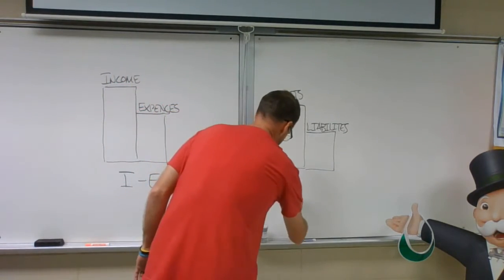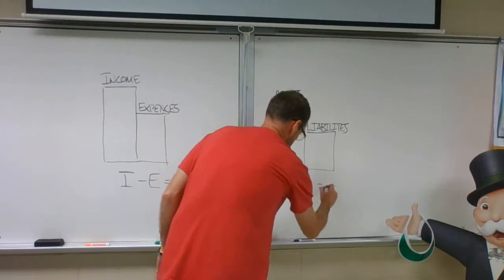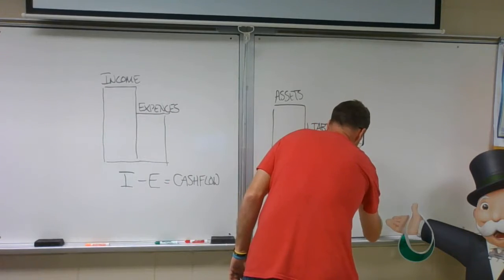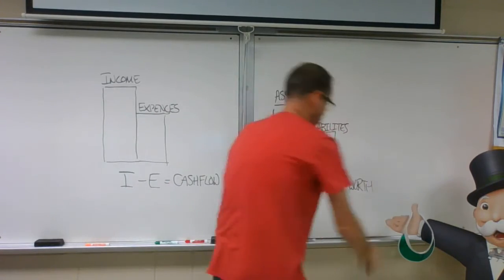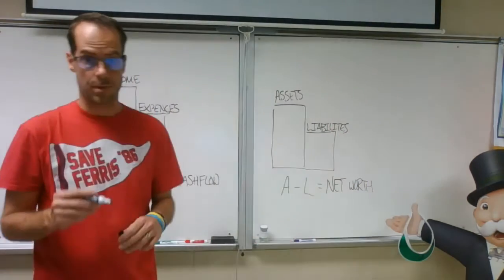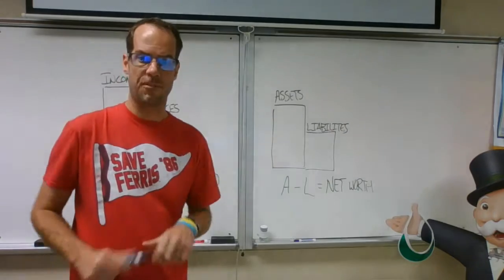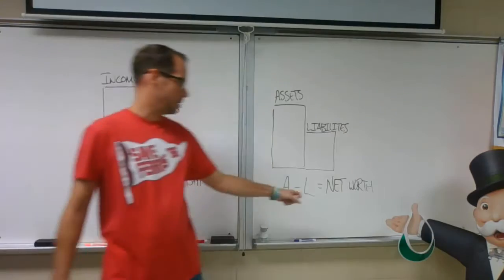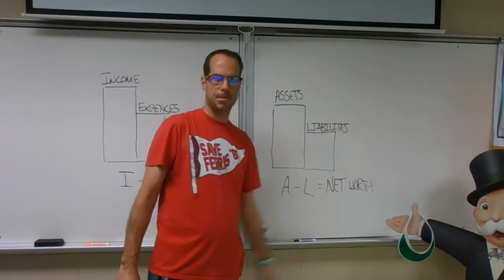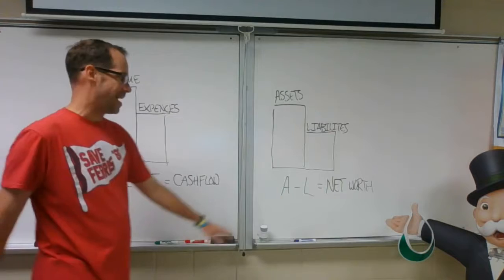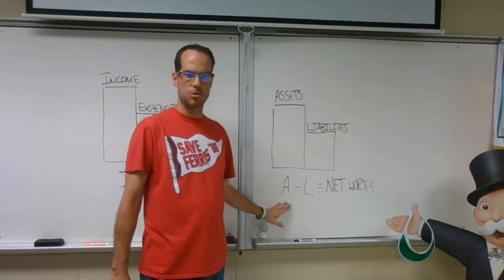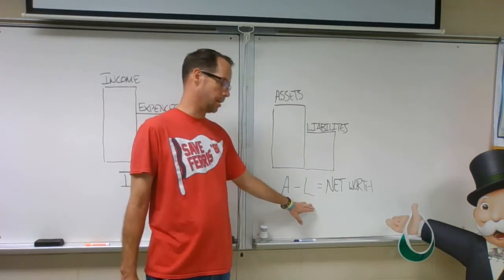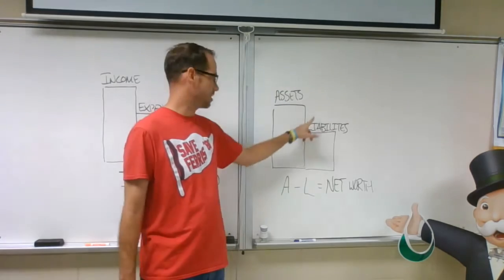And we learned that your assets minus your liabilities equals something we call the net worth, which I referred to as the score of the game, right? If you look at your life's personal finances as a game, net worth is the score. And you want a positive net worth, meaning you have a larger asset number subtracting a smaller liability number.